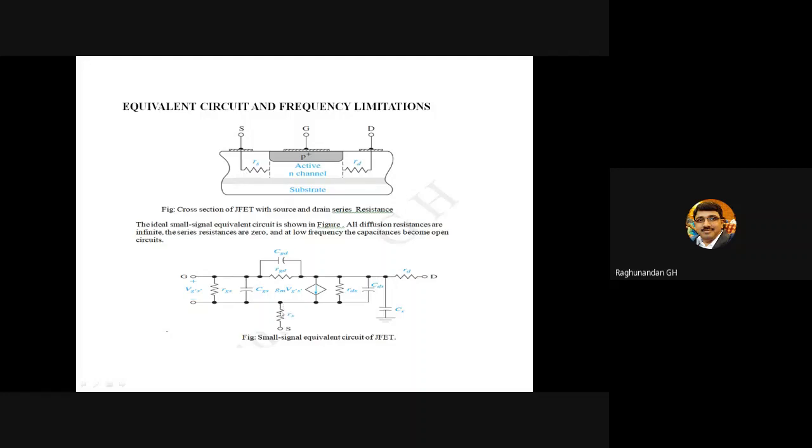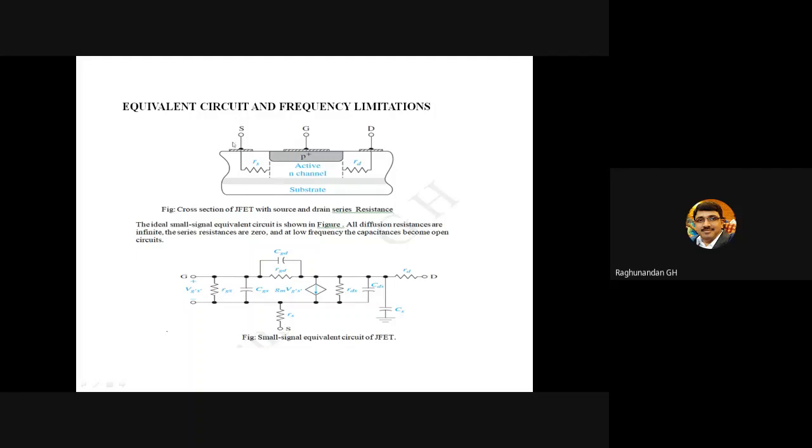Source resistance is only with respect to the source. Again, between the source and gate, there is one more resistance that is known as RGS, gate to source resistance. Source alone will offer some resistance, that is this one, and between these two, some resistance is offered, that is this resistance.